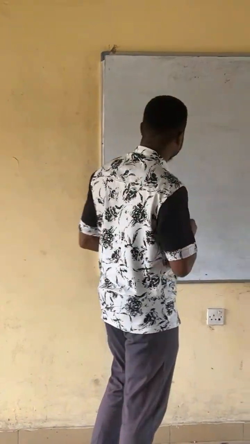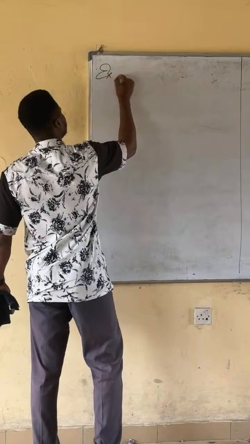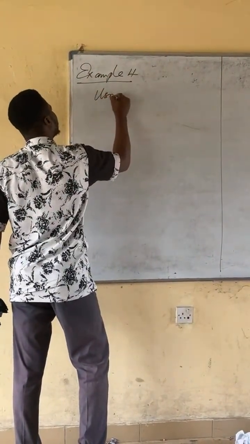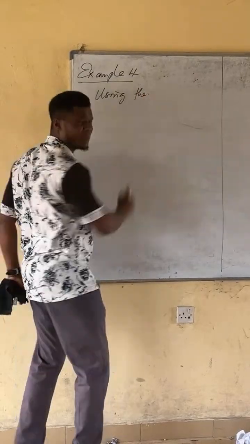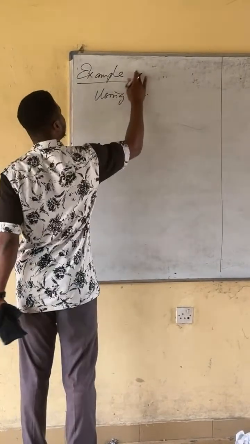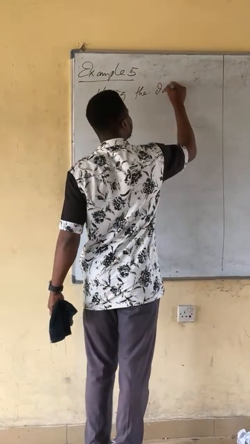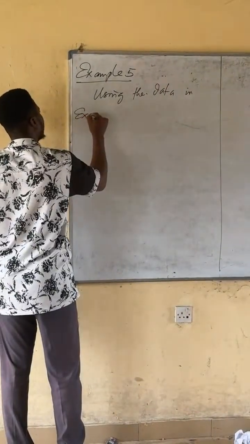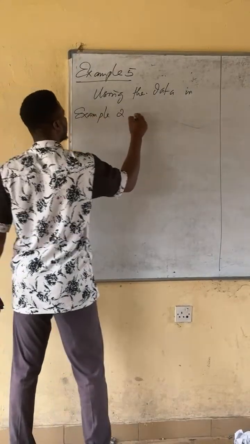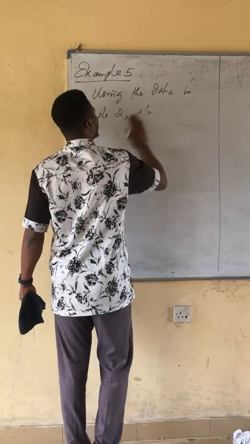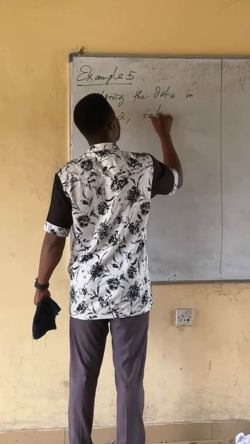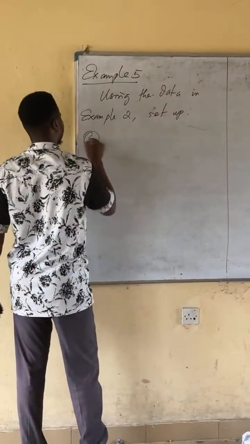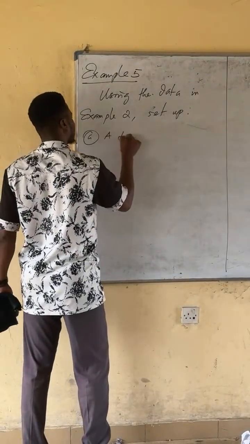So now let's take example 4. Example 4 says using, is it example 5? Okay, example 5. So using the data in example 2, plot or set up A, a degree pie chart.